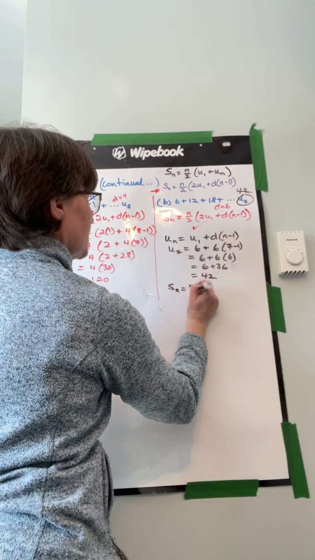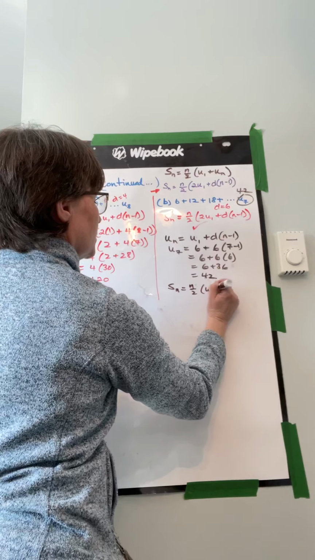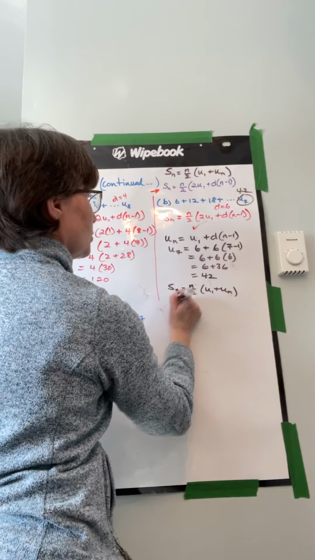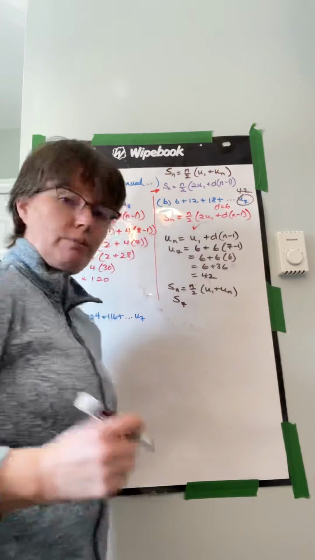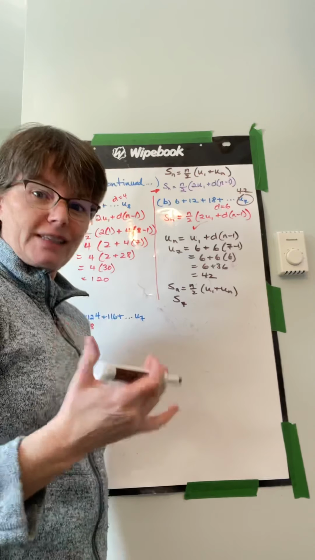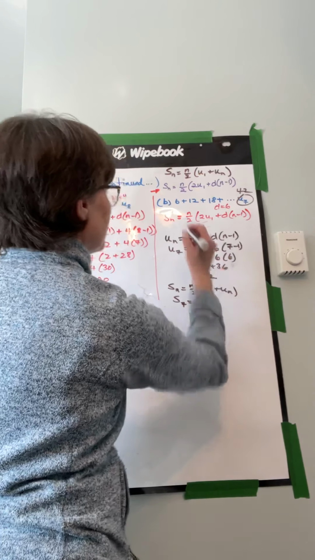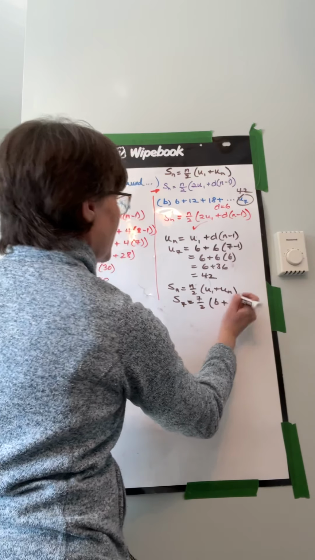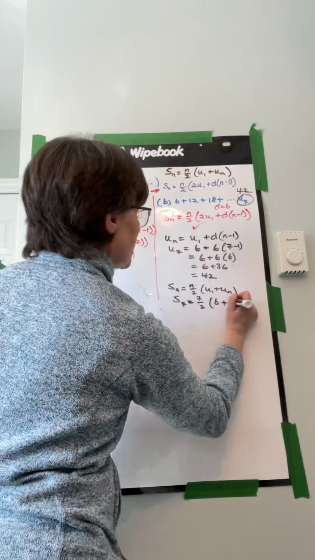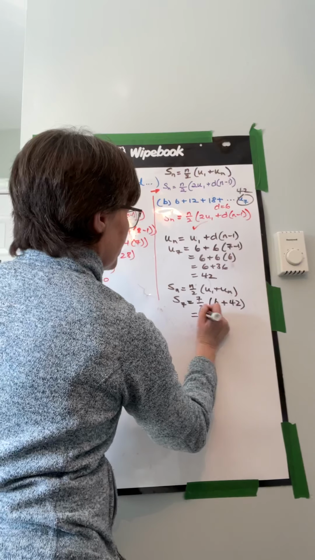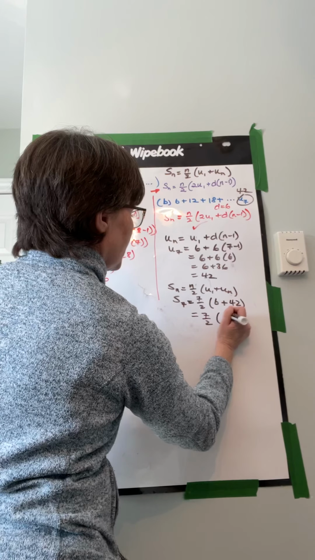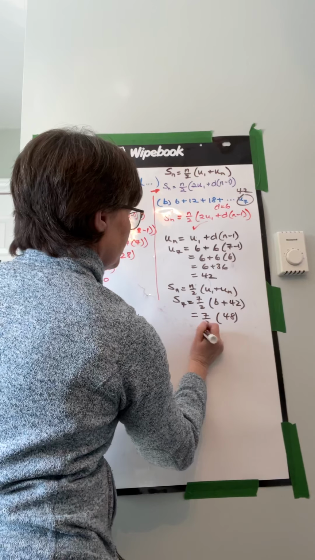Sn equals n over 2 times u1 plus un. We're calculating S7. That means the sum of the first 7 terms. 7 over 2. The first term is 6, and that 7th term is 42. So 7 over 2 times 48.